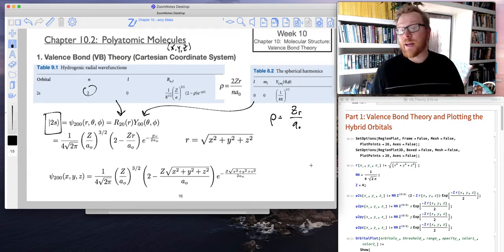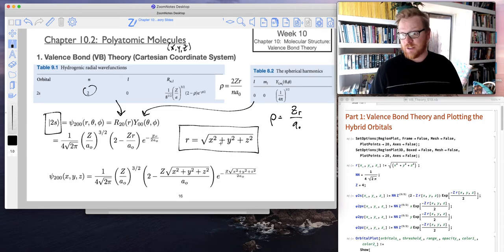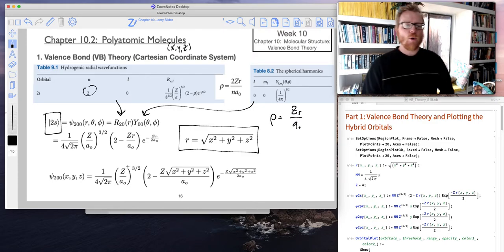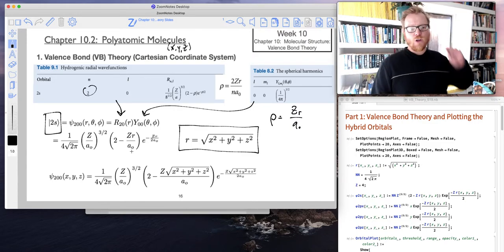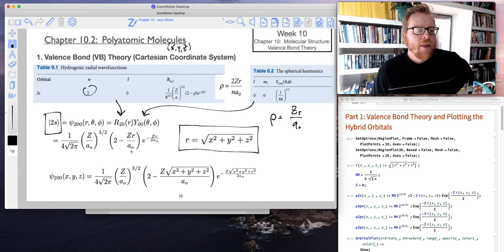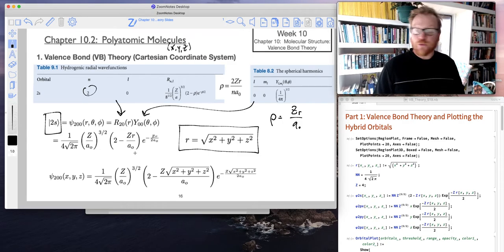Because we're using the Cartesian coordinate system, we're going to take advantage of Pythagoras: r is the square root of x squared plus y squared plus z squared. So anytime we see an r, we're going to replace it with this big square root of x squared plus y squared plus z squared. Putting these equations together, I've done something to make your lives easier.